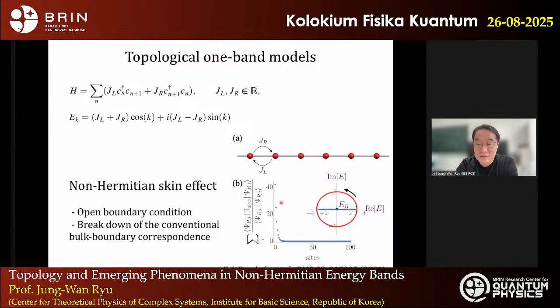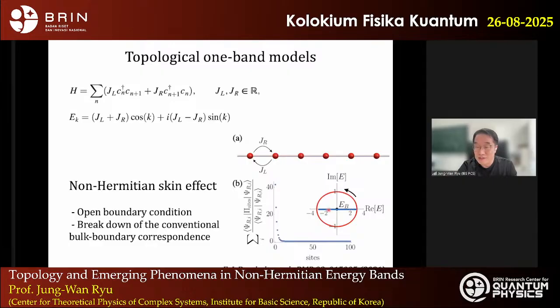Okay, the point gap has another interesting property. If we use the open boundary condition, this is a boundary, and this is another boundary. If we apply the open boundary condition, the point gap spectrum changes into a line real eigenspectrum in this model.